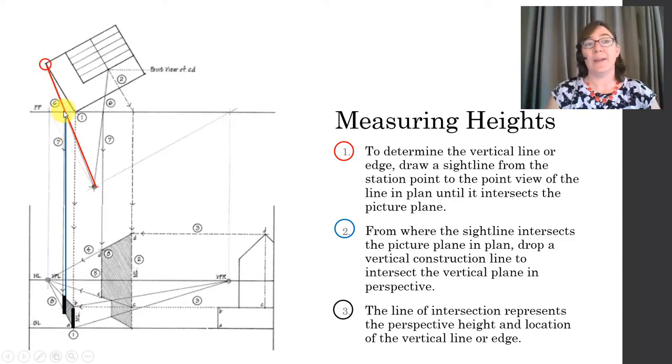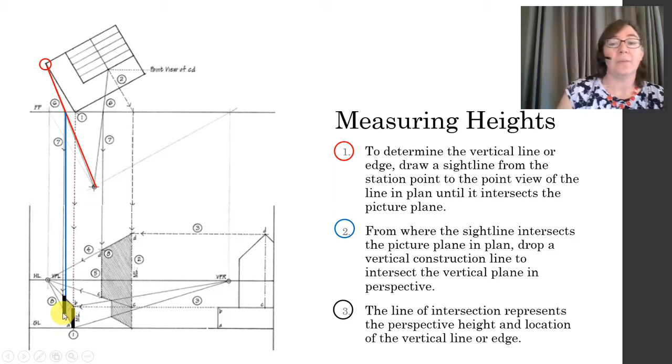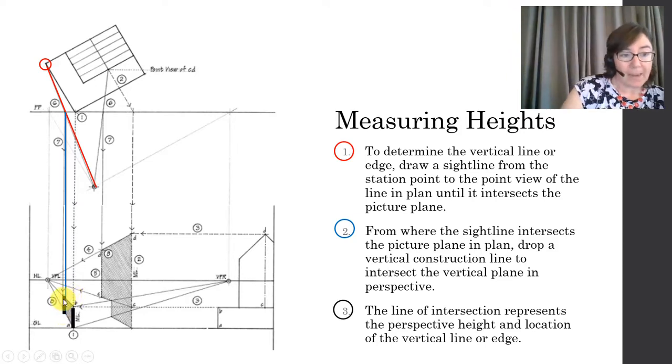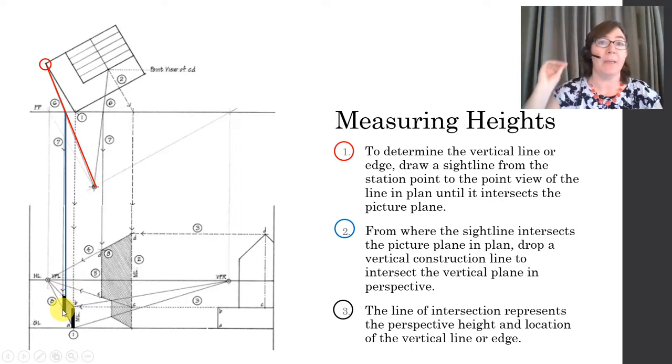All right, and where that intersects the picture plane, you withdraw your vertical measuring line. This line is going to represent that back left corner of your building. And as it intersects, remember these perspective lines that you just drew? As it intersects those perspective lines, that's going to indicate the height and location of that vertical line.